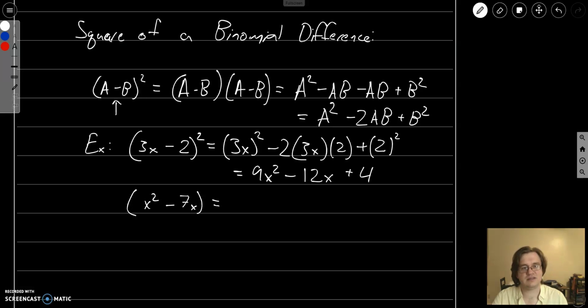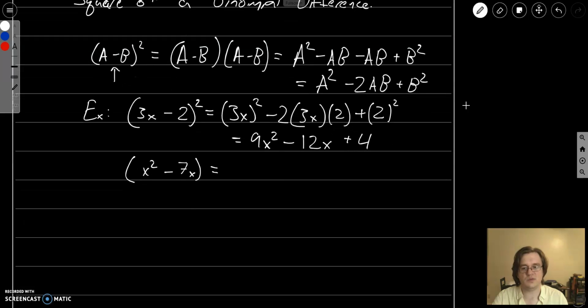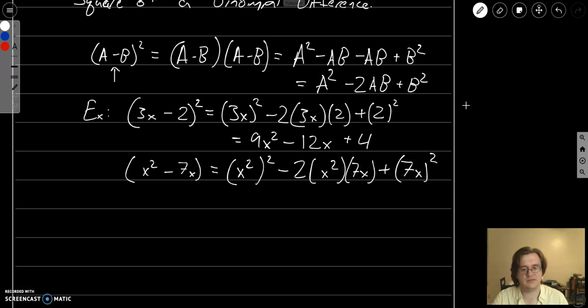Lastly, we've got this, which will be, I'll take the first term and I will square it according to our formula. And we're subtracting, so subtract 2 times an x squared times a 7x plus the last term squared. So we continue, so x squared squared is going to be x to the 4th power.